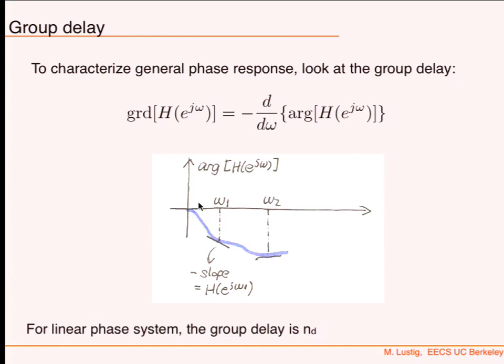Hence, that pulse is going to be delayed by a certain amount. Another narrowband pulse around omega sub 2 is going to be delayed by a different amount. And hence, I'm going to get what's called a dispersion. That's what happens to light when it goes through a prism or a lens.